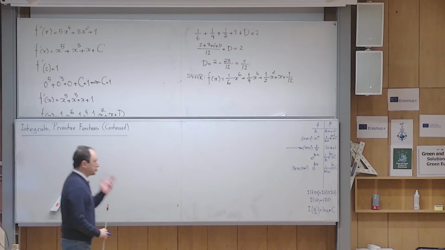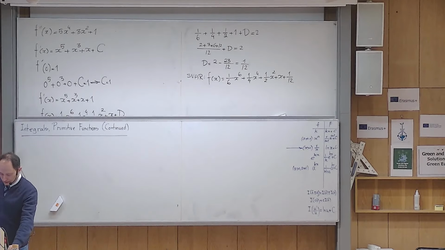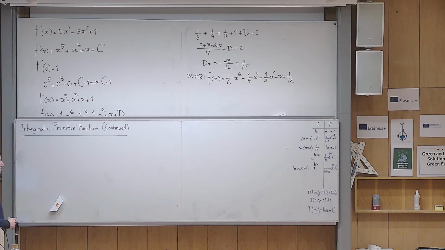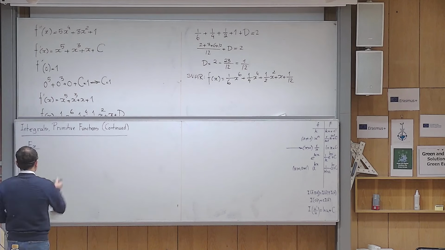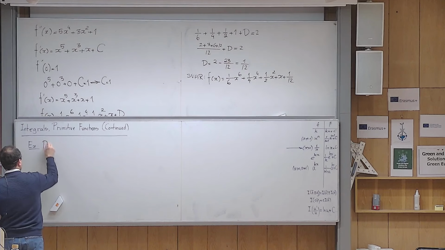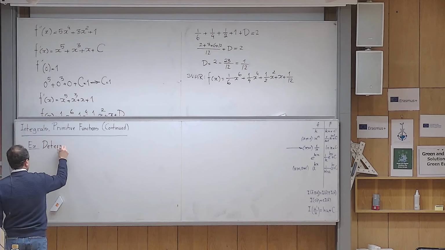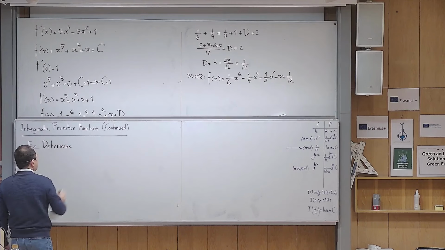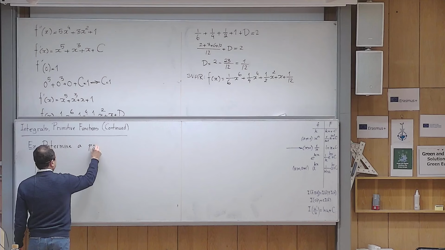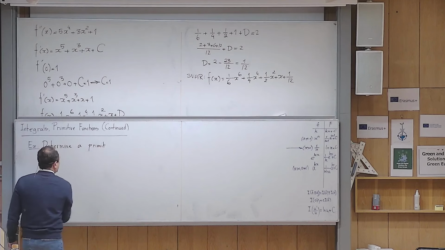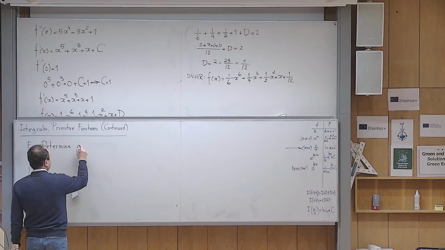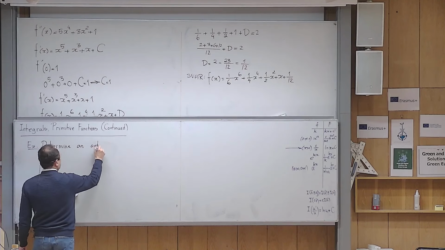Okay, so now, for example, let me ask you a question like this. Example, determine a primitive function. If you don't mind, let me this time write antiderivative so that you also get used to this word.